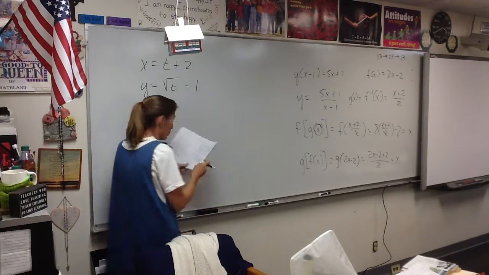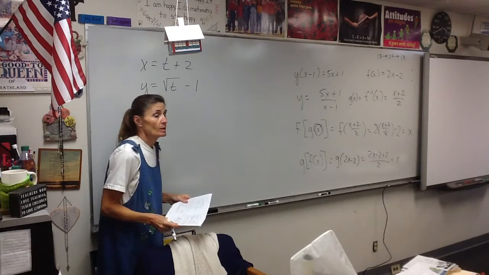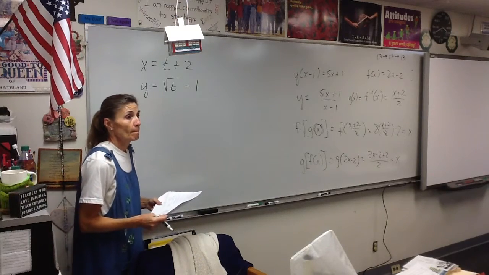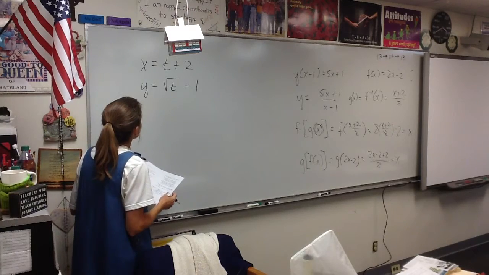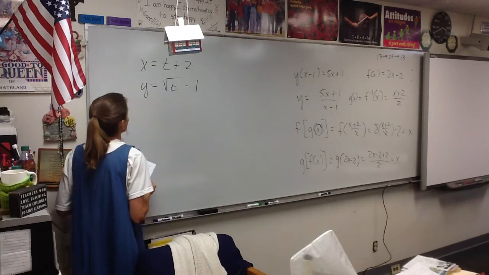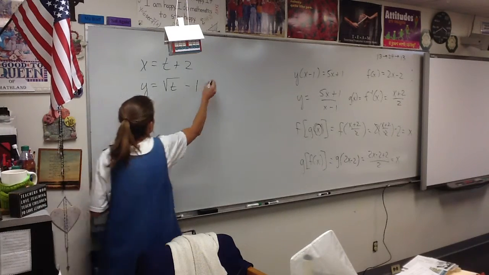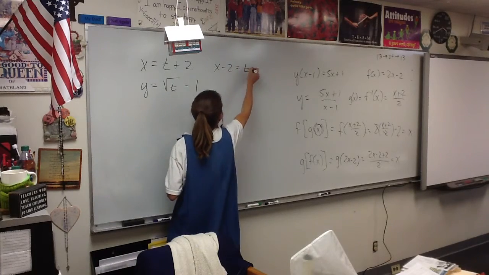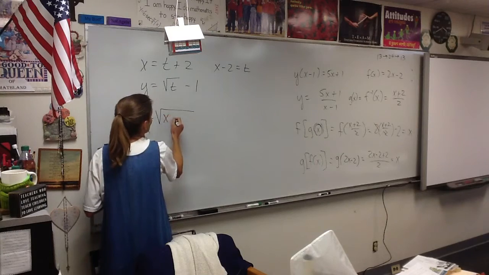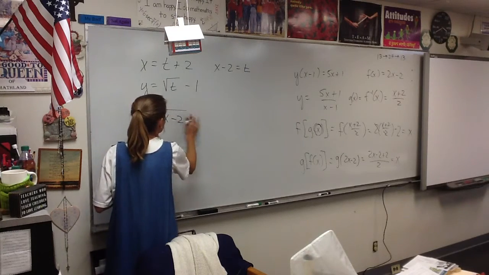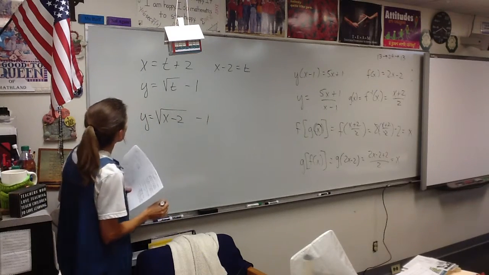Greater than or equal to. What were your thoughts on this, Jamie? We have to solve for t and make it into one equation. So what did you do? I minus 2 from the top and plug that in here. Did I do that right?